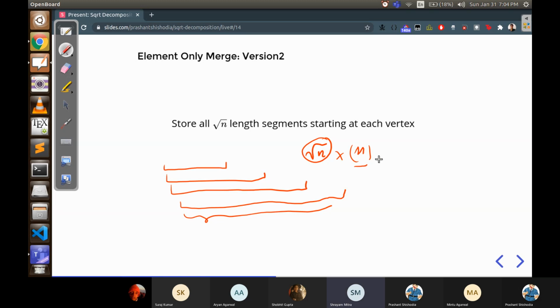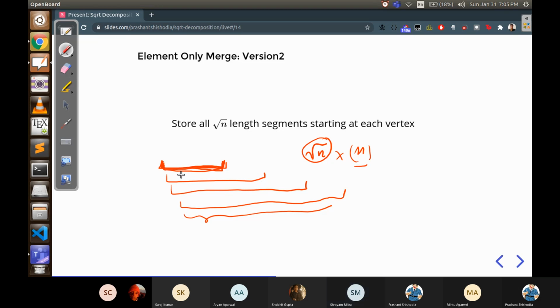No, I'm saying that while computing it for the ith element, we are going to the I plus root nth element, right? Like in DP, you said. And every element in between them is going to be merged with all the ranges of the I plus root nth level index.